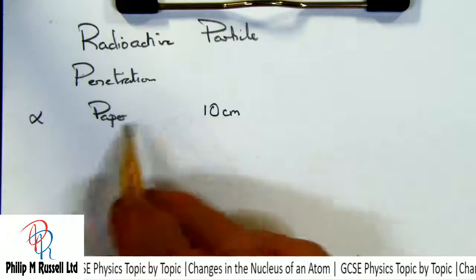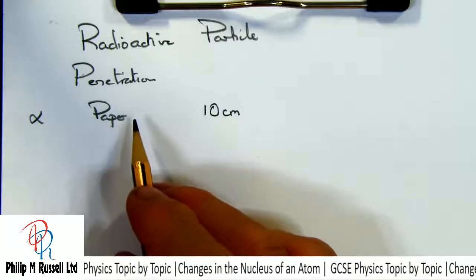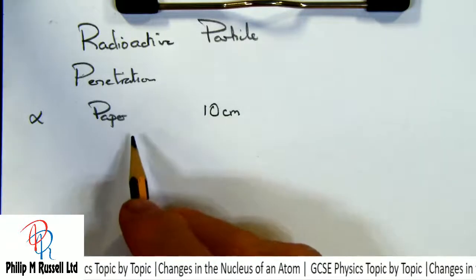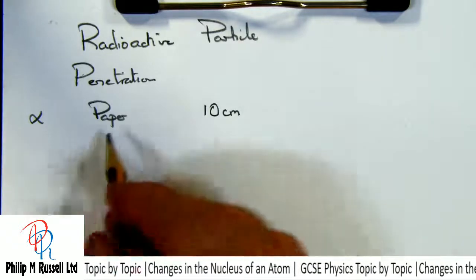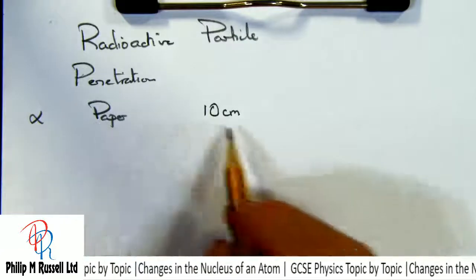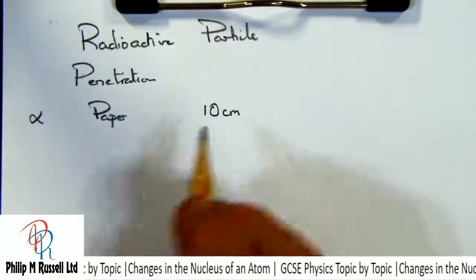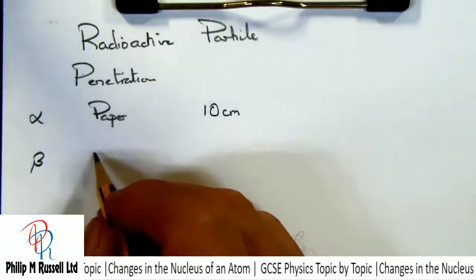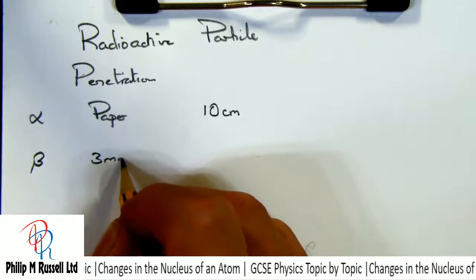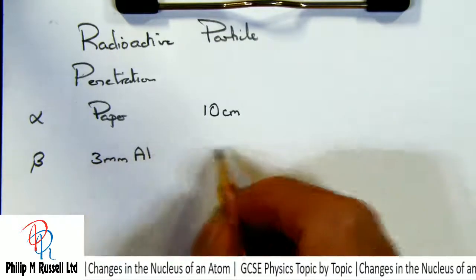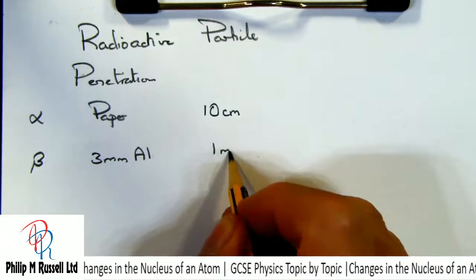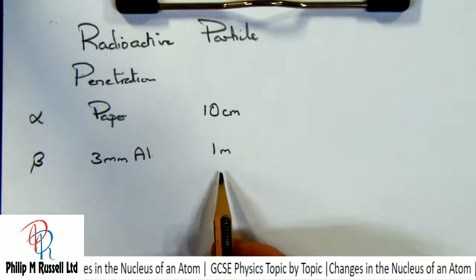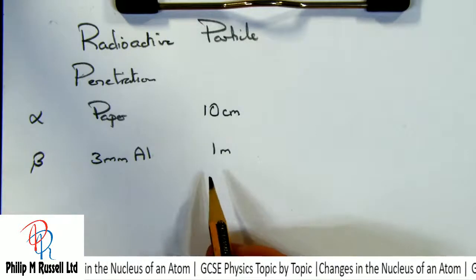And so these particles, although big, are perhaps not as dangerous. But wherever we go, we find there are a lot of these particles around. Beta particles can get through probably up to about 3 millimeters of aluminium and travel perhaps up to a meter or so in the air, perhaps even more.